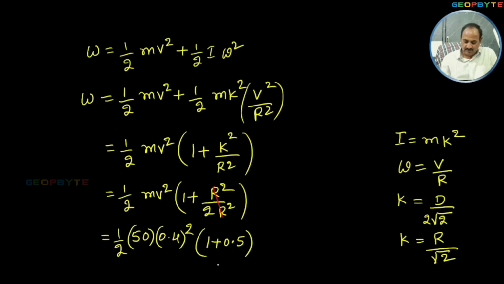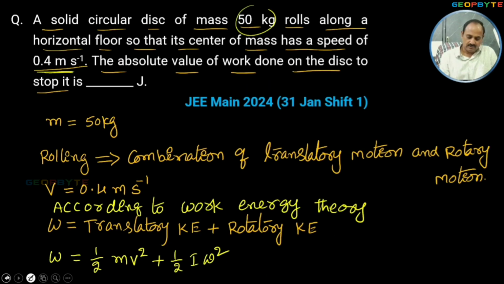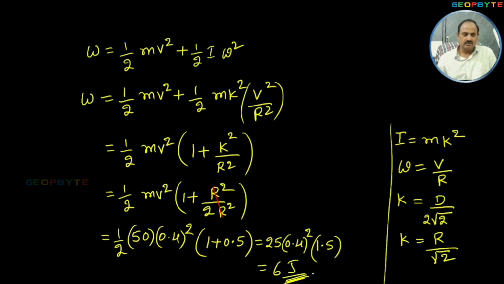You simplify this value, it is 25 into 0.4 whole square into 1.5. You simplify this value for getting around 6 joules. That is the work energy required for stopping the rolling motion. Therefore, here 6 is the answer. Understood clearly? 6 joules. Okay?